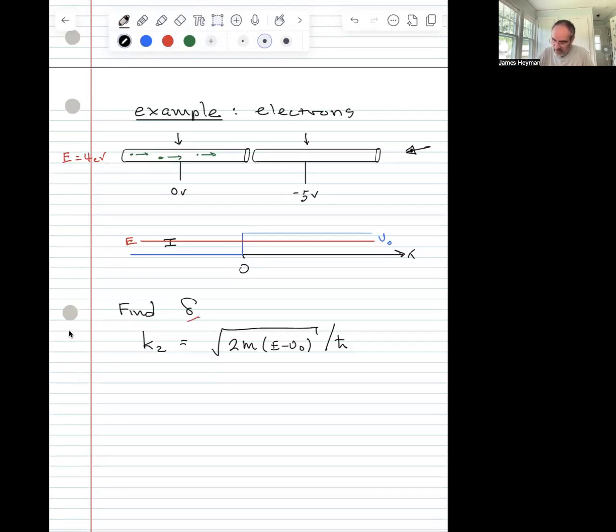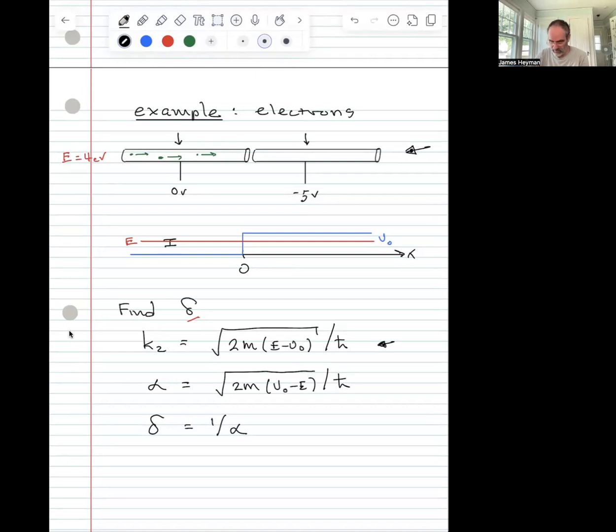So we know that K2 is given by this expression here, which means that alpha is the square root of 2m(U0 minus E) over h bar, and delta is 1/alpha. K2 is fine, but it's an imaginary number. Alpha, we've switched the numbers around, so we'll get a real number.